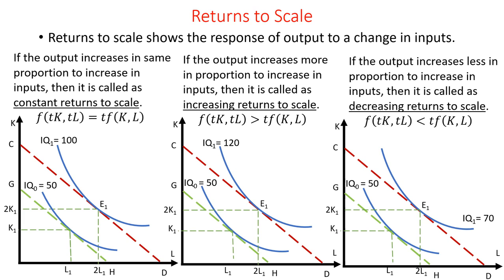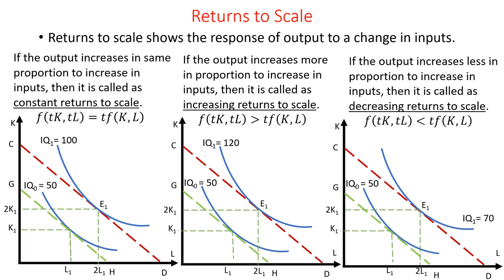Increasing returns to scale is possible if, with higher production, the experience of the labor is increased, specialization grows, and there is a better utilization of capital. Whereas decreasing returns to scale normally happens because with more number of people, the human resource management issues also arise. Therefore, doubling both the inputs may not result in doubling the output.